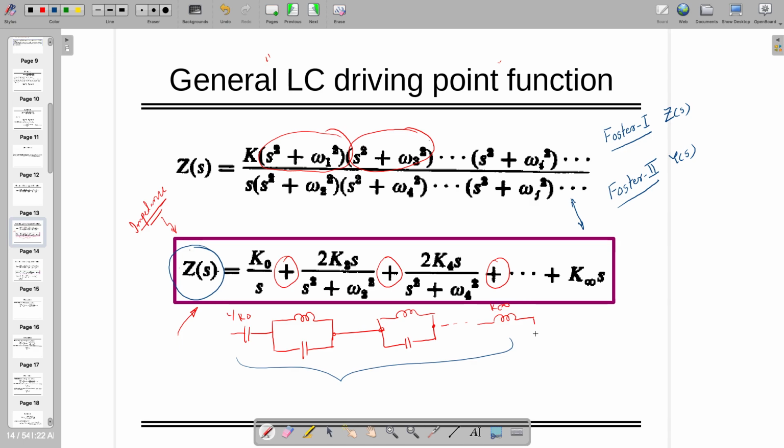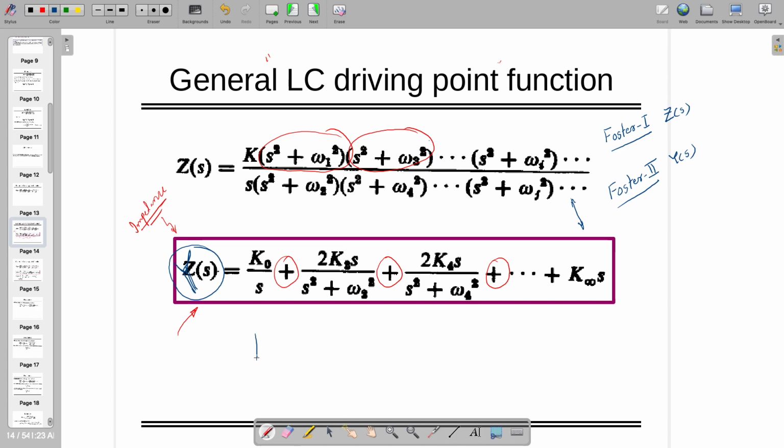If you are drawing Foster 2, let's assume that this is Y. Then the first element will be an inductor, right? And as all these terms are with plus sign, they will be in shunt.